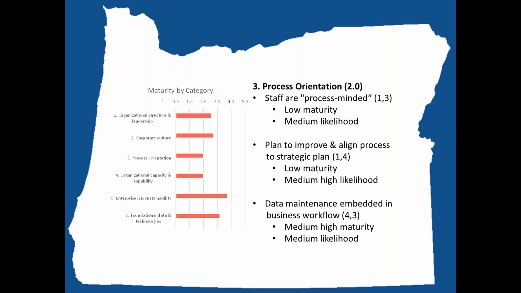The data maintenance embedded in business workflow, this is one area where we feel we are at a high maturity. We've been doing this for years. I mentioned the over 130 data layers for our TransGIS web application. Most of those are annual updates. We get them from all over the agency, several different business lines, up to 40 that we work with.